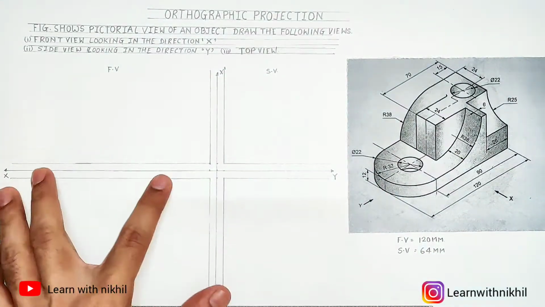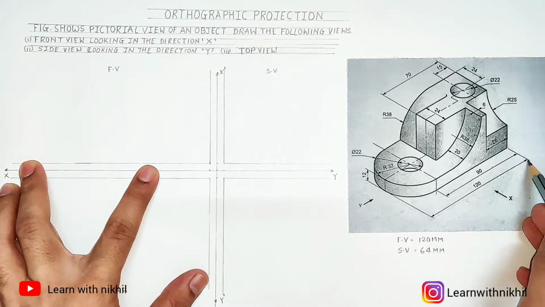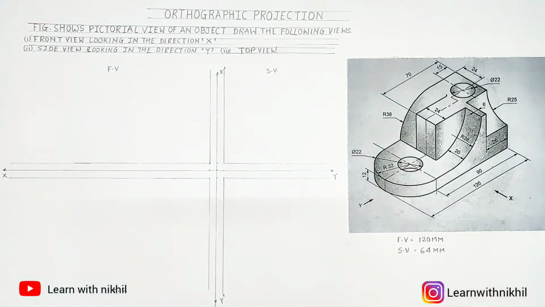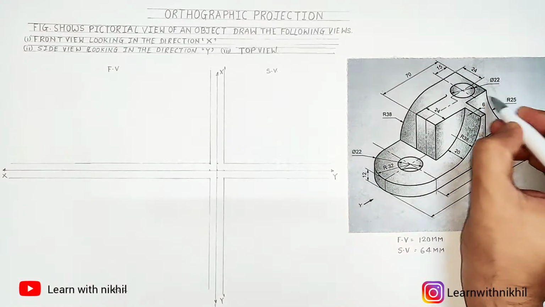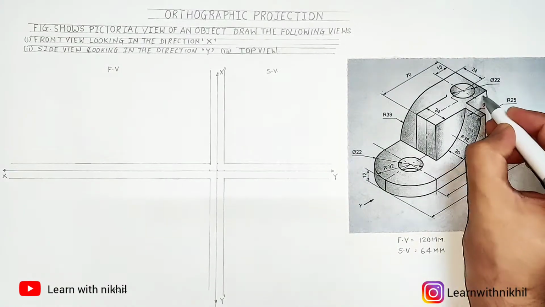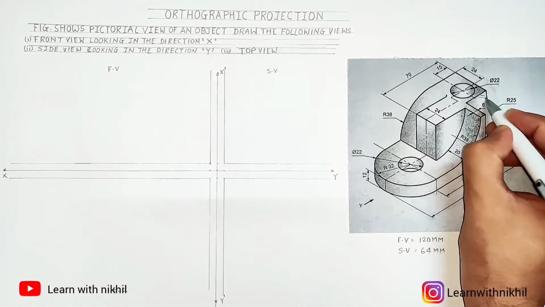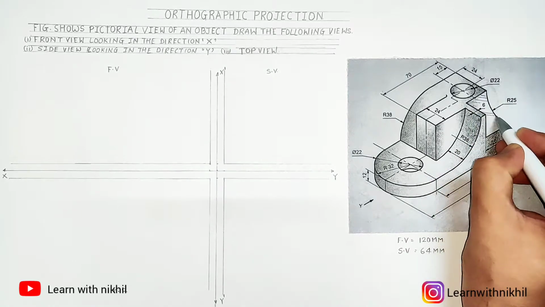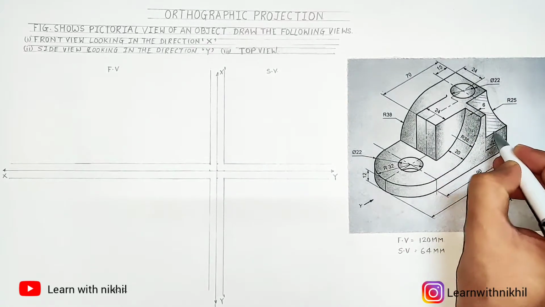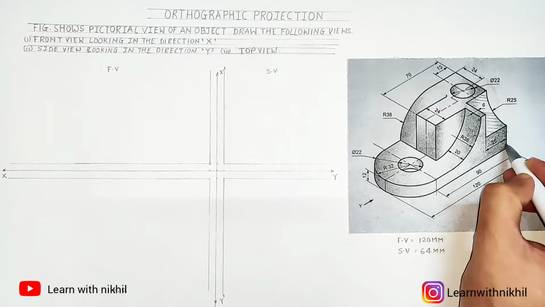Now to begin with the front view, you know the total width is 120 millimeters. I'll just highlight the part which will be visible from the front view. So this circular part will look like a rectangle from the front view.